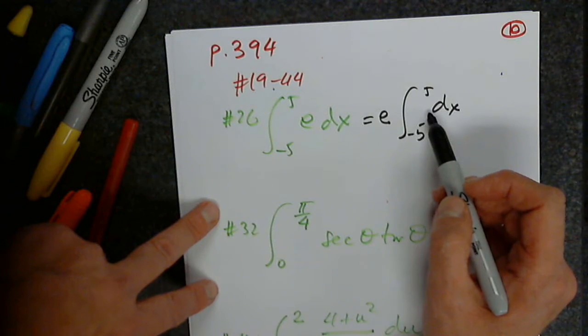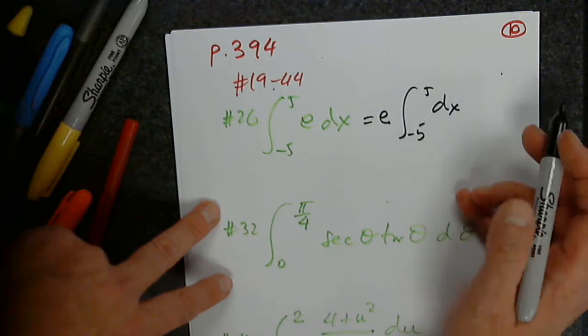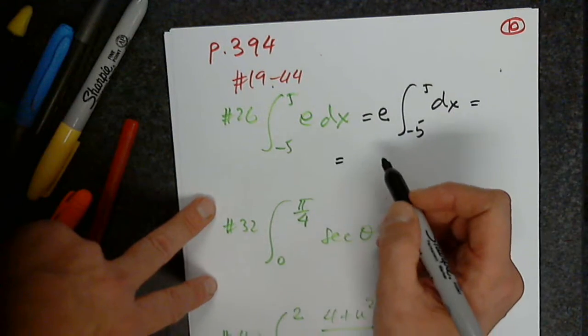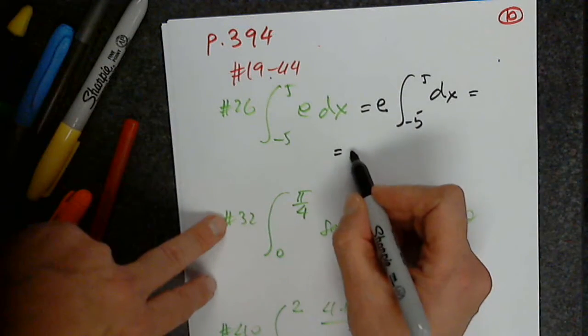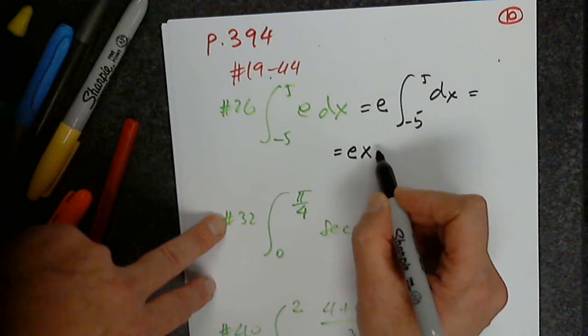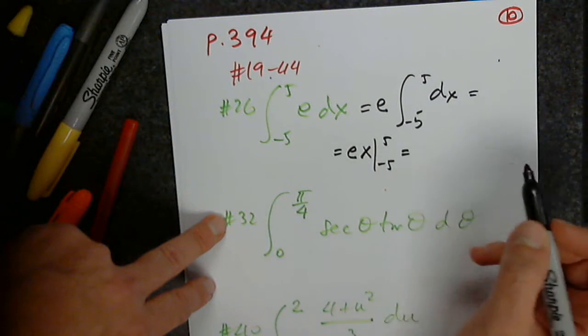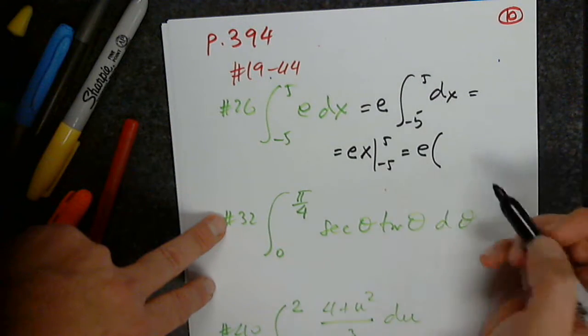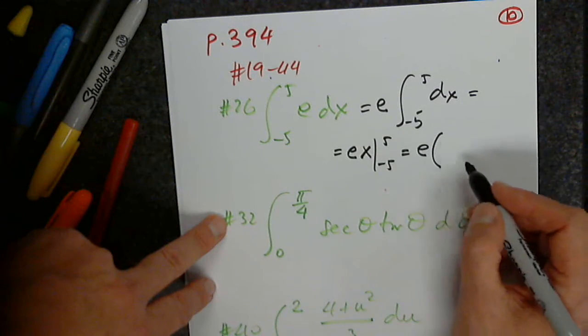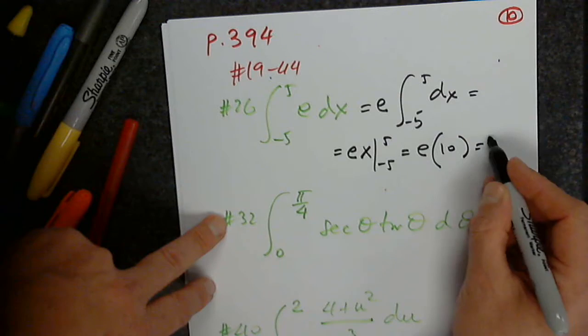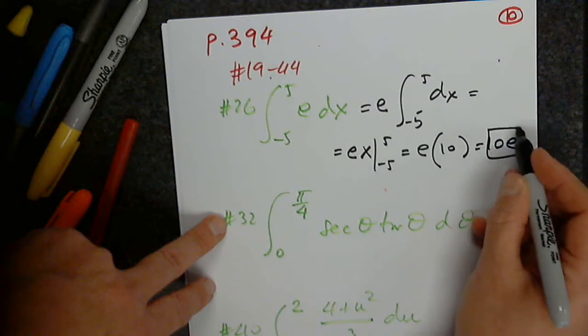You can say it's twice from 0 to 5 if you want to, but you don't have to. So anyway, it's ex from -5 to 5. Leave the constant outside. We plug in 5 minus -5, so that is 10. So this is 10e.